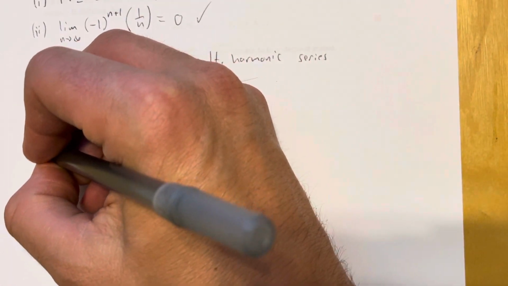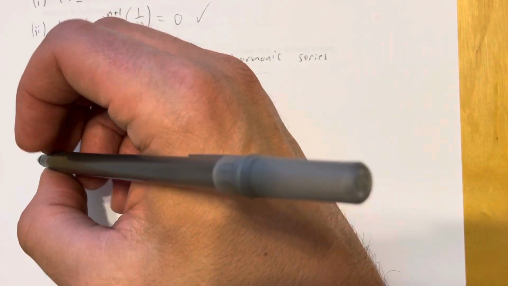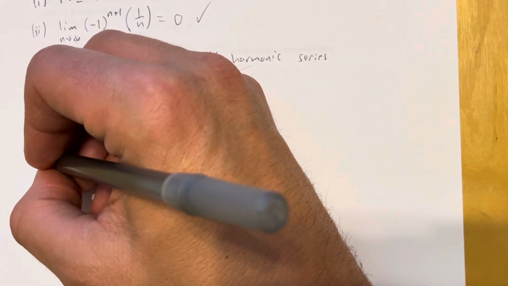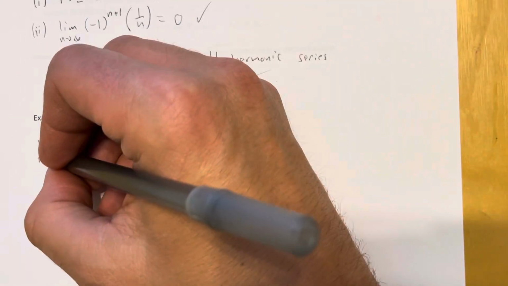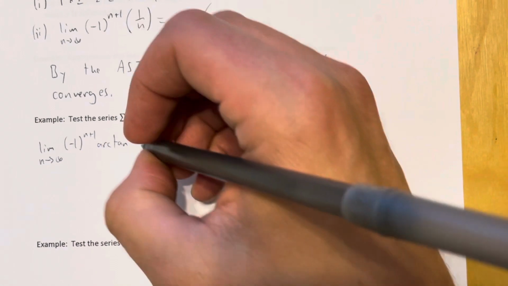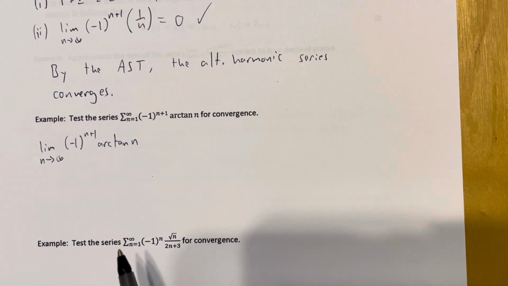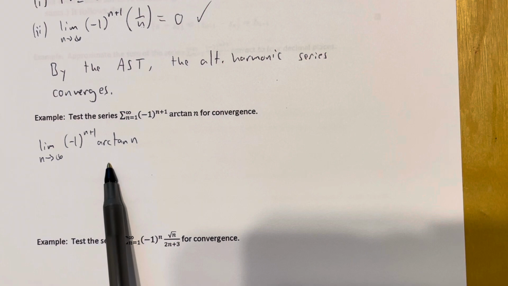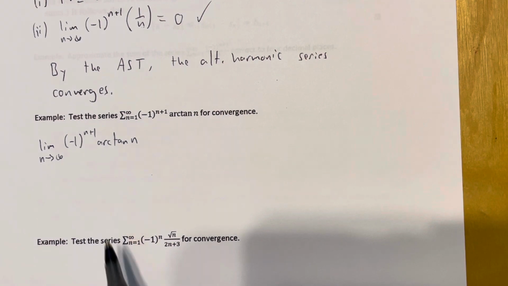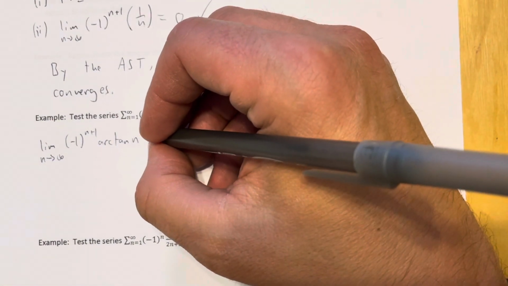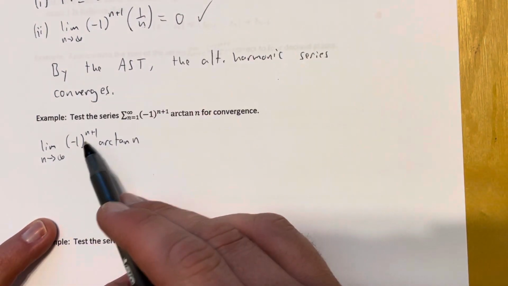If I were to look at the limit of the sequence of terms as n goes to infinity of (-1) to the n plus 1 times arctangent of n, remember, one of our conditions for the alternating series test says that this has to go to 0. But does this go to 0? Well, it doesn't. The reason I know that: what if n is an odd number?